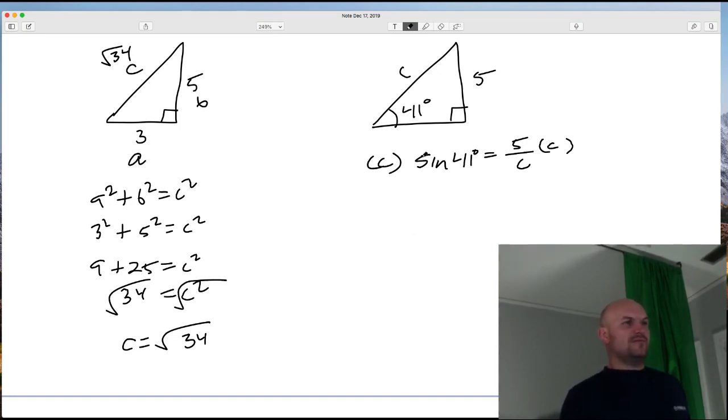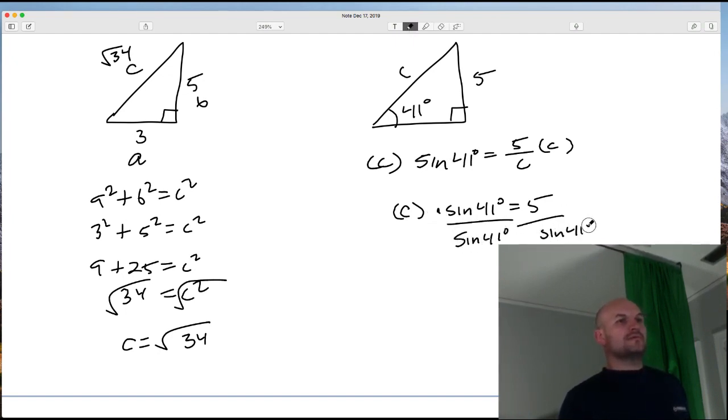Let's break it out. C times the sine of 41 degrees equals 5. Then you divide by the sine of 41 degrees. So C equals 5 over the sine of 41 degrees.